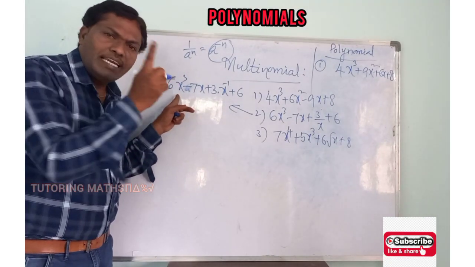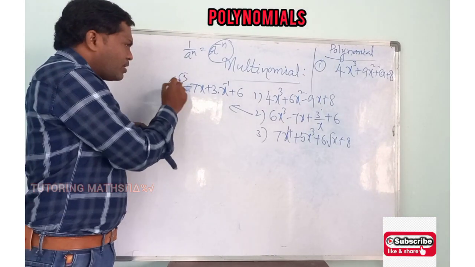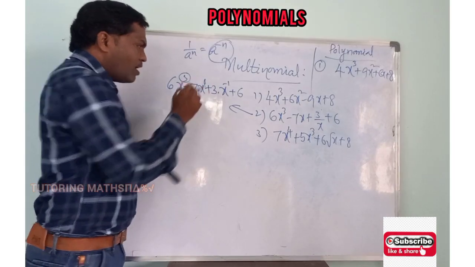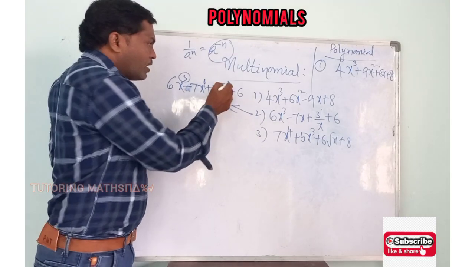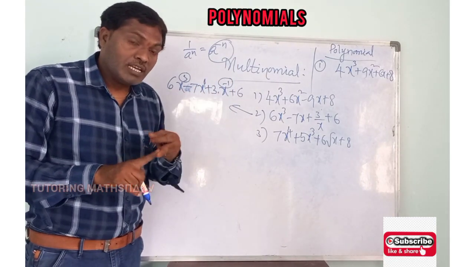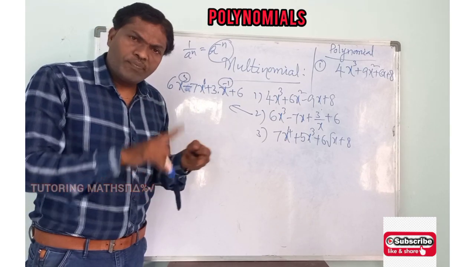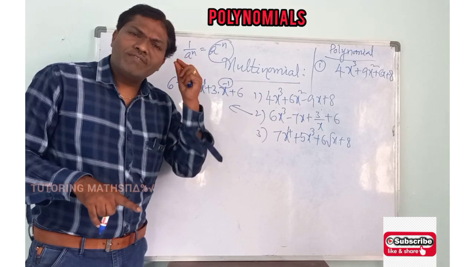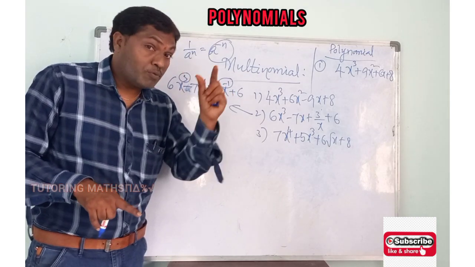You observe the literal term's exponent. Here the exponent is 3, a positive number. Here the exponent is 1, a positive number. But here the exponent is minus 1. The condition is, in polynomials, no literal term has a negative number as exponent.